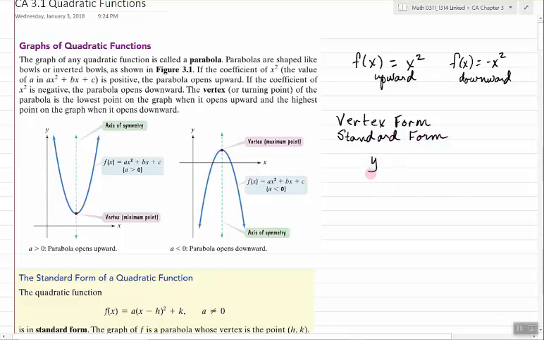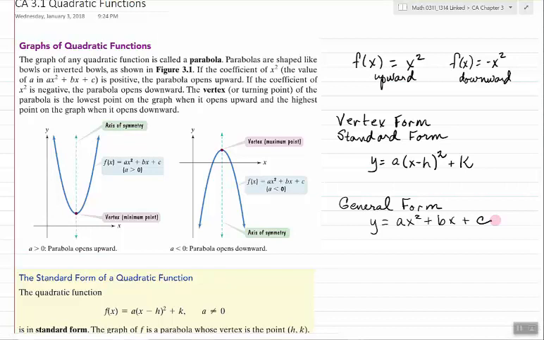And it is y equals a(x minus h) quantity squared plus k. Then there is what is known as general form, and it is y equals ax squared plus bx plus c. And they have value in different places.